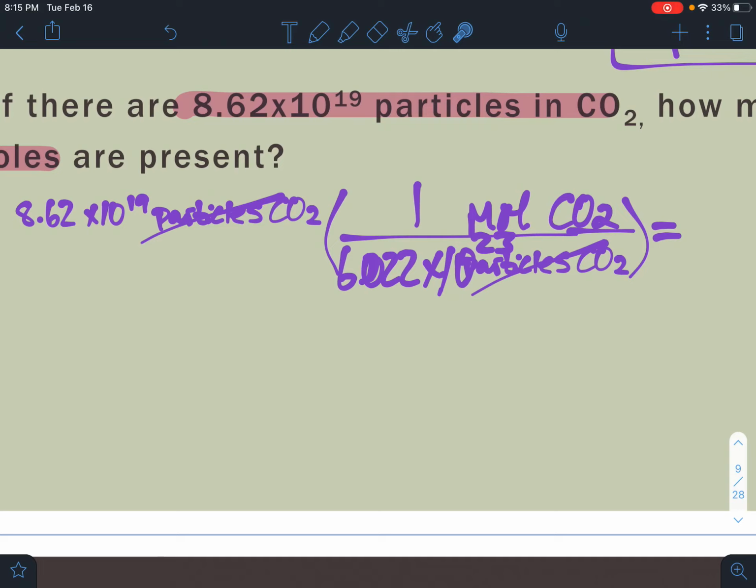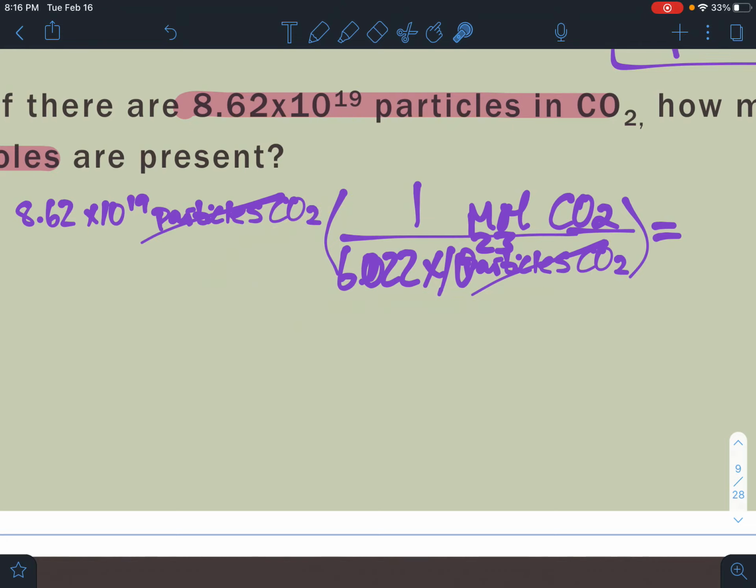So plug that in your calculator. 8.62, second E, 19. And then you want to divide, since the 6.022 times 10 to the 23rd is in the denominator. So you divide by the denominator. Okay, D and D. Divide by the denominator.